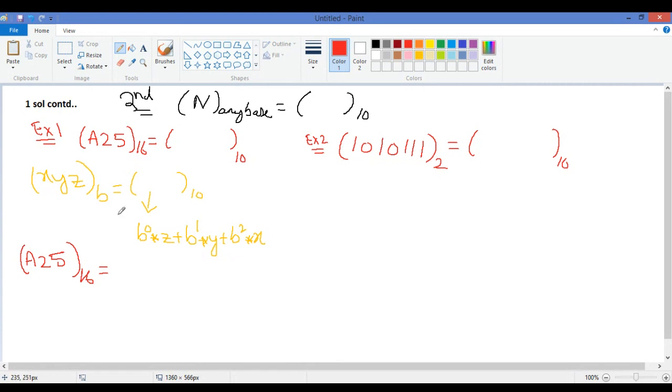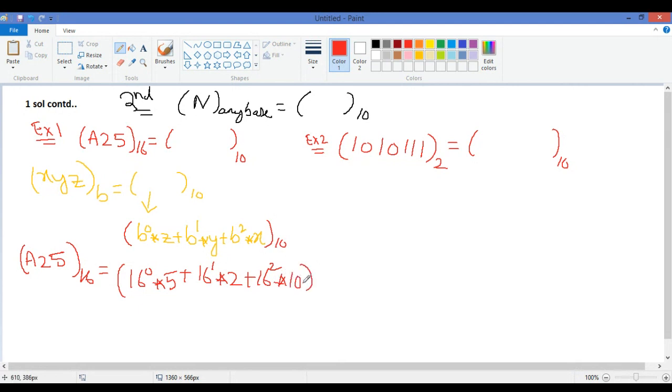So this is the number, now how do you get this in base 10? Very simple. 16 power 0 multiplied with 5 plus 16 power 1 multiplied with 2 plus 16 power 2 multiplied with A. A is nothing but 10.